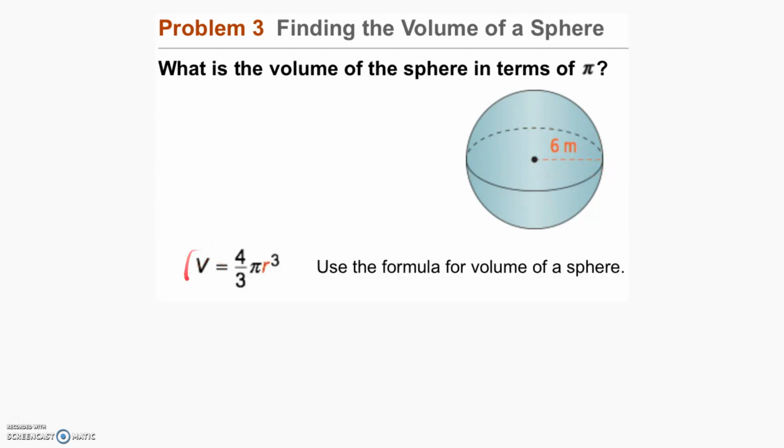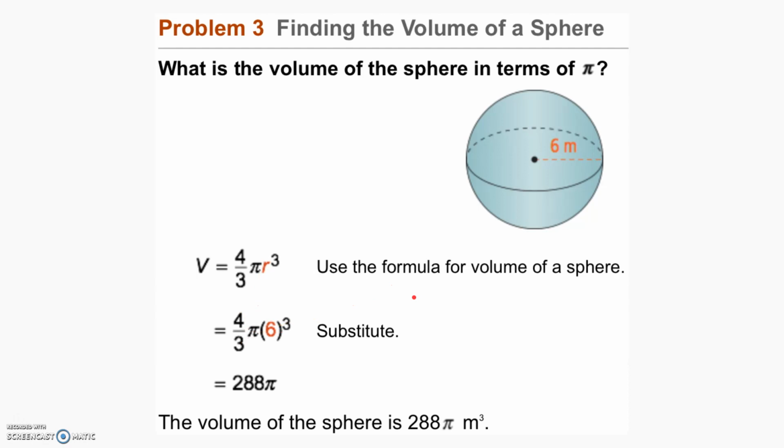First we set up volume equals 4/3 pi r cubed. We plug in 6 for r, so we do 4/3 pi 6 cubed. If we multiply all that out, we wind up with 288 pi meters cubed.